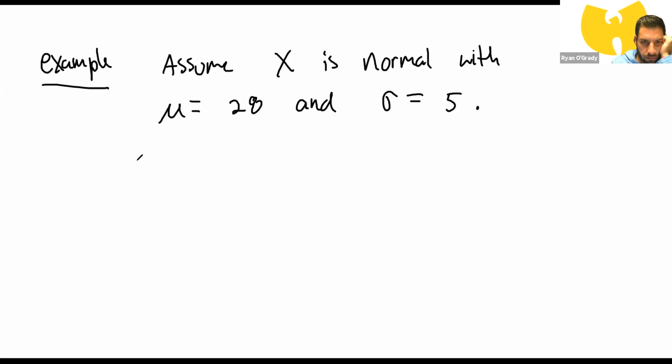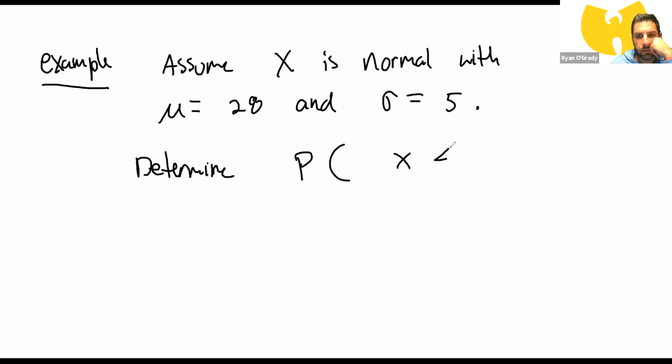Let's determine the probability that, say, x is less than 32. Less than or equal to 32.